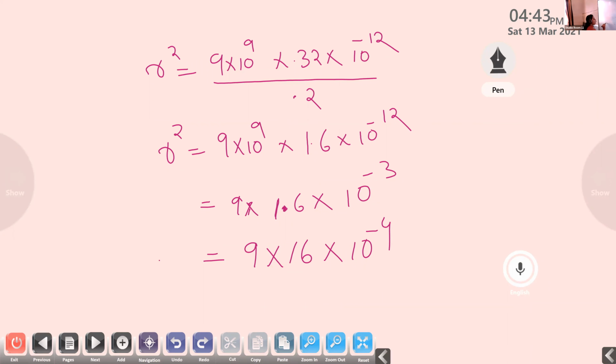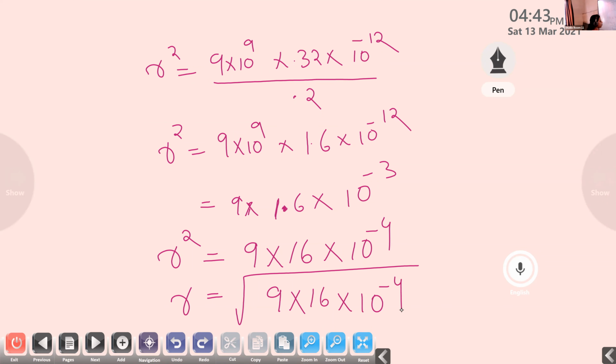So R square is equal to 9 into 16 into 10 raised to negative 4. But we want the distance of separation R, so R is equal to the root of 9 into 16 into 10 raised to negative 4.